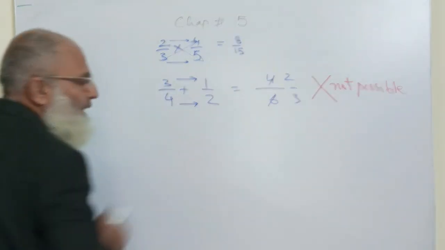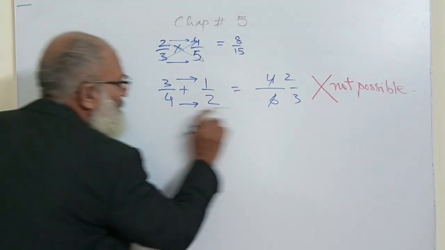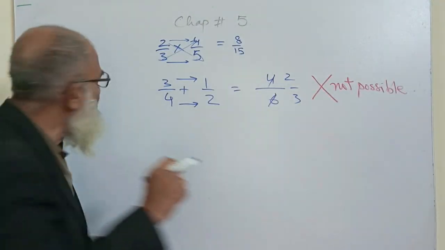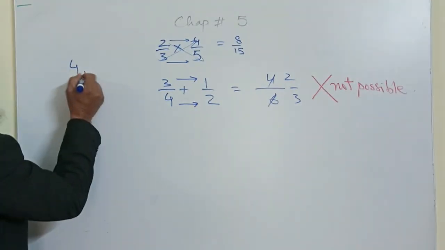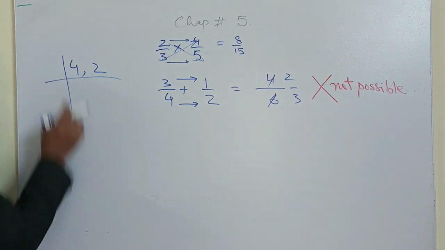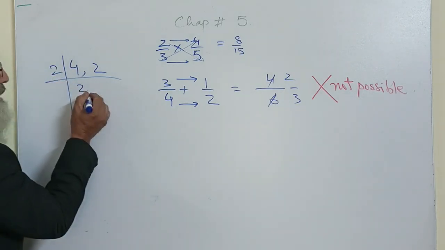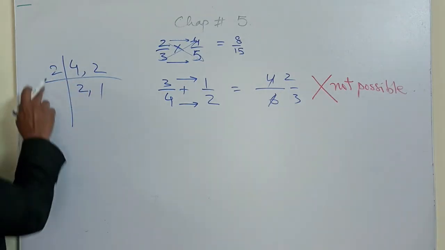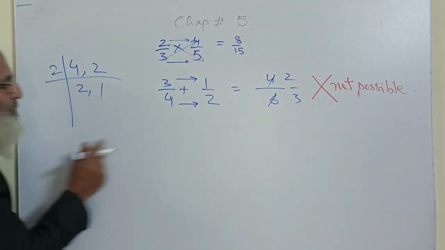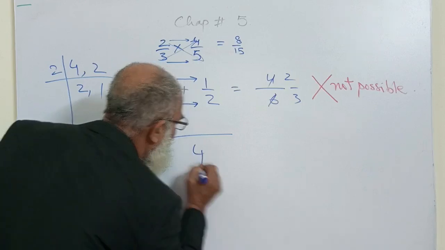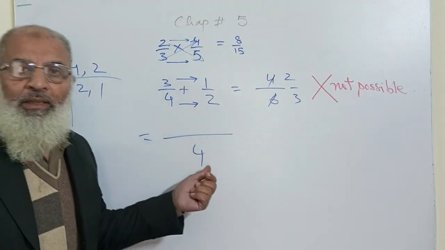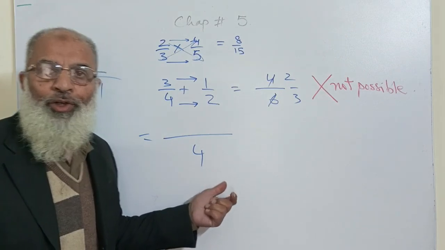We'll have to find the LCM of that. And you know how to find the LCM. I taught you in my previous lectures, by the division method, like this: 2 times, and 2 1 times, and now it is not further divisible, so 2 times 2 becomes 4. Now you see, the LCM has become 4.